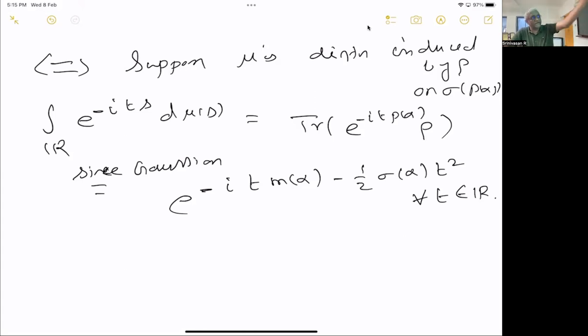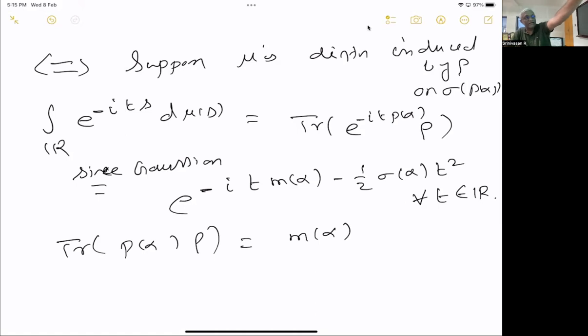So by differentiating and evaluating at t equal to 0, you find that the trace of P(alpha) rho, which is the mean, is equal to m(alpha). Just differentiate both sides with respect to t.